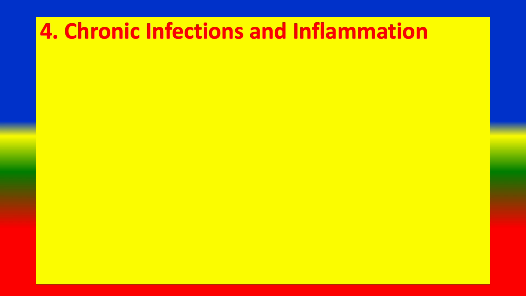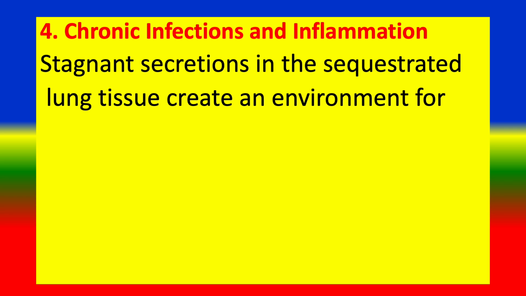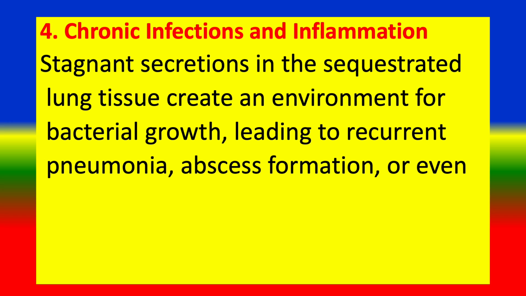Chronic infections and inflammation. Stagnant secretions in the sequestrated lung tissue create an environment for bacterial growth, leading to recurrent pneumonia, abscess formation, or even fibrosis.